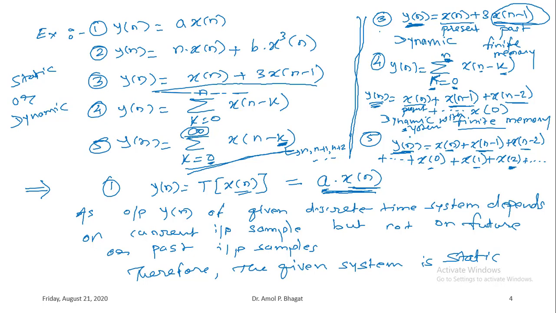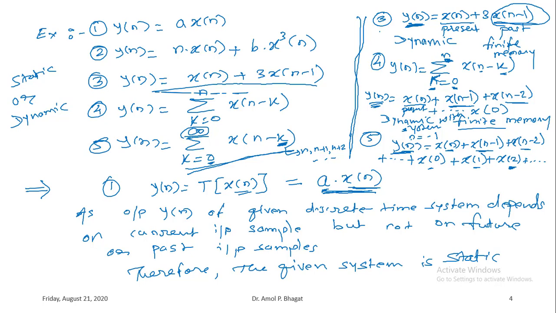If I take n equal to, just for example, minus 1, the input output equation will be y of minus 1 is equal to x of minus 1, and here it will be x of minus 2, x of minus 3, and so on. These values, x of 0, x of 1, x of 2, will be occurring in that equation.